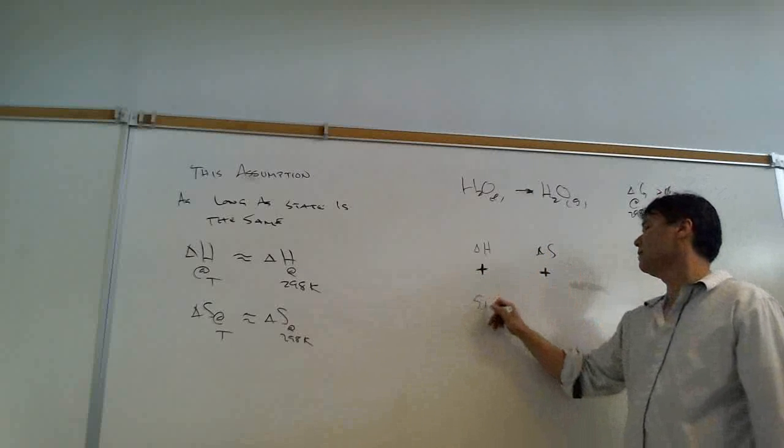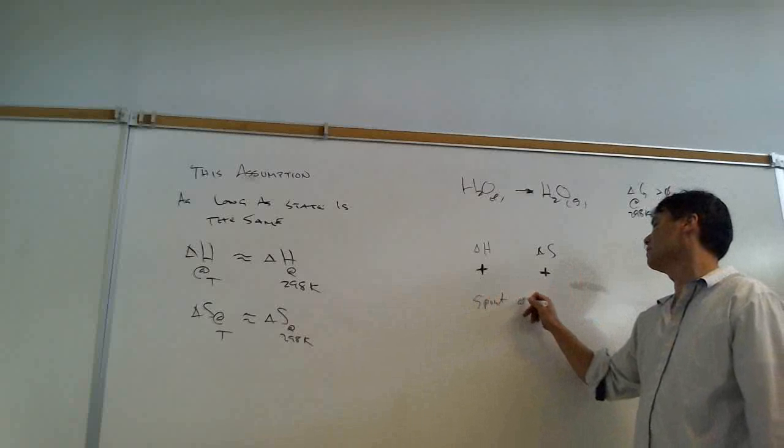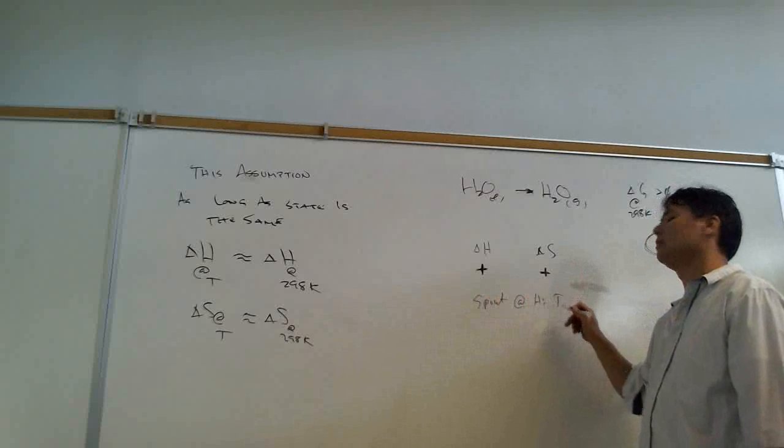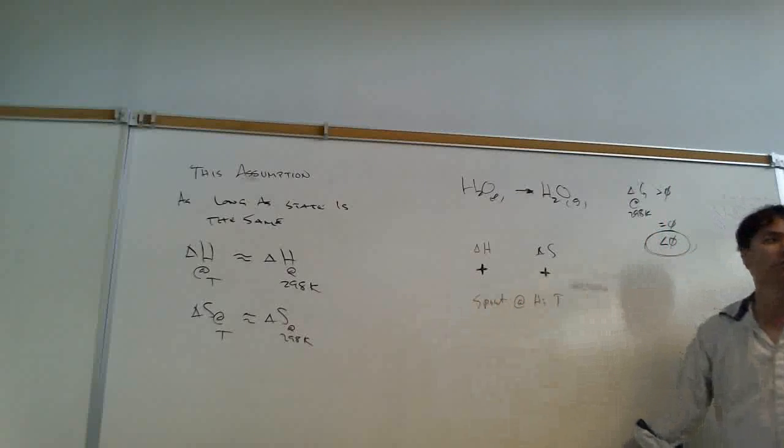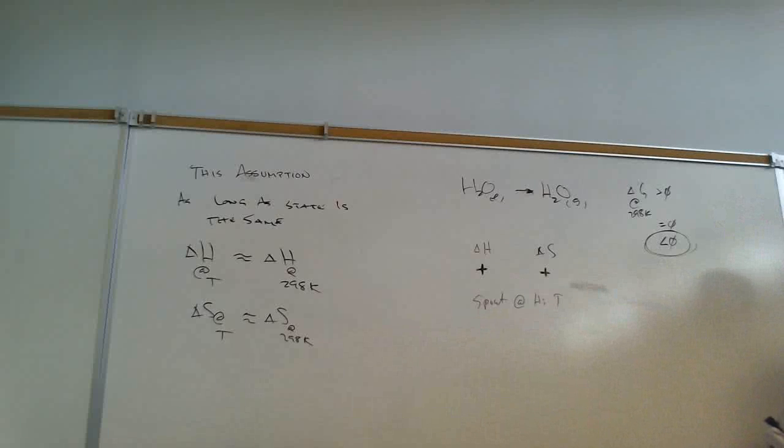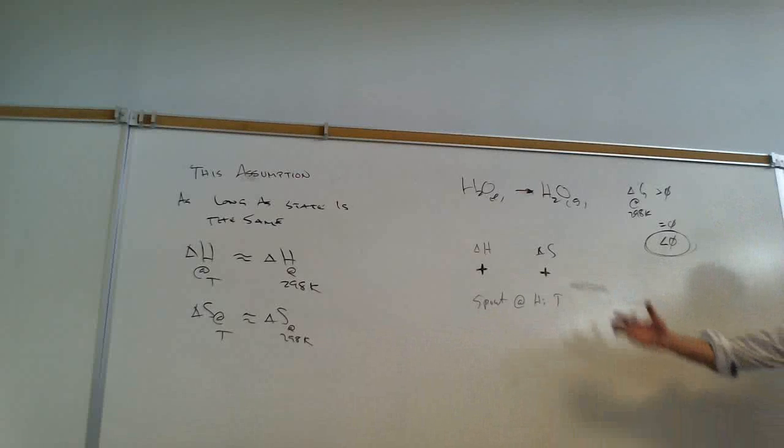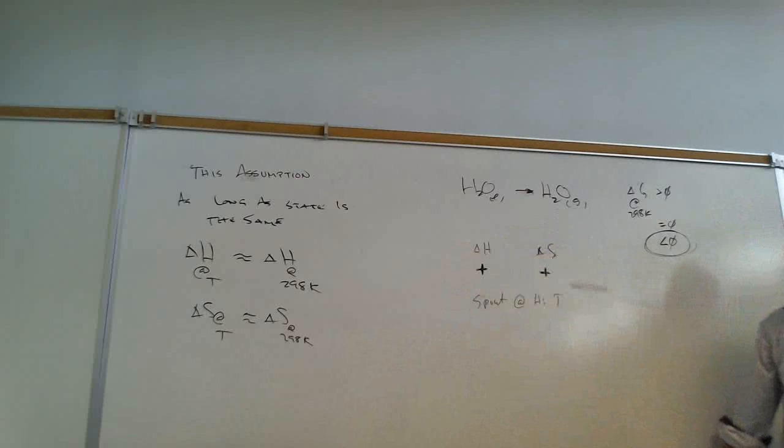And so what this means is it's spontaneous at high temperature, non-spontaneous at low temperature. Now, what is high temperature? What is low temperature? High temperature and low temperature are just relative to whatever the reaction or process we're looking at. In this case, I know that room temperature would be considered low temperature. Why?